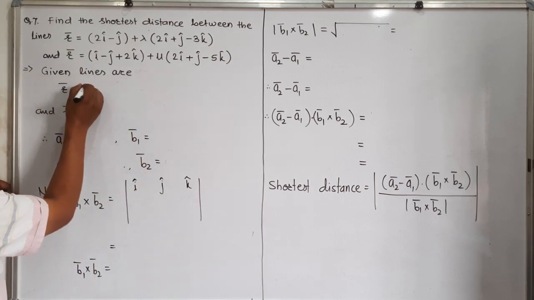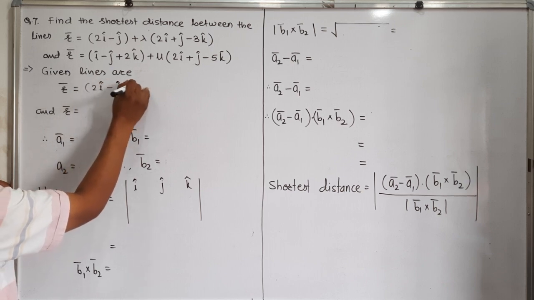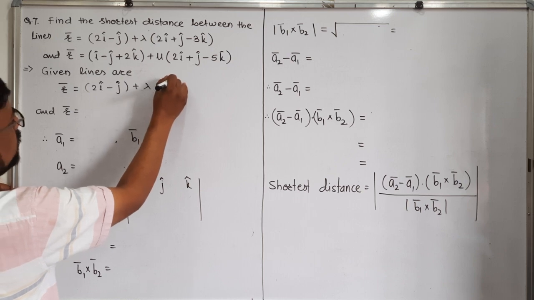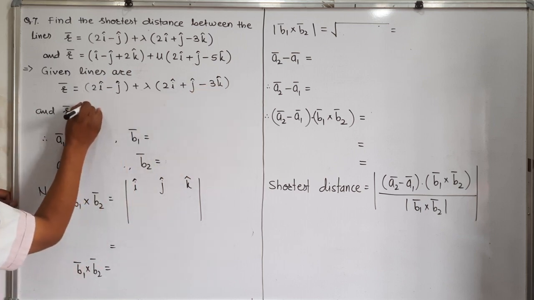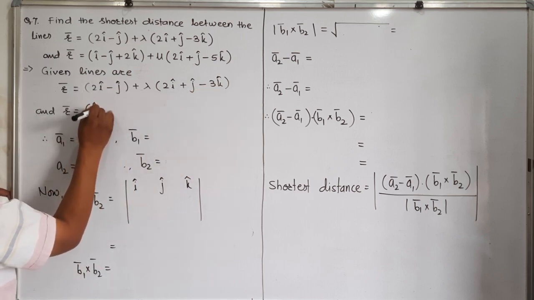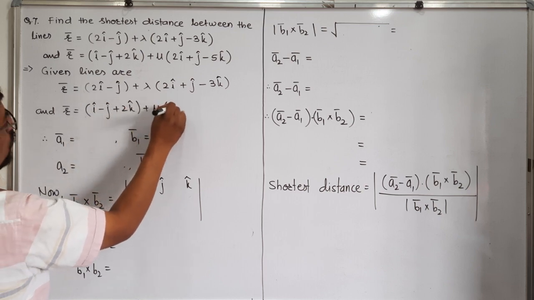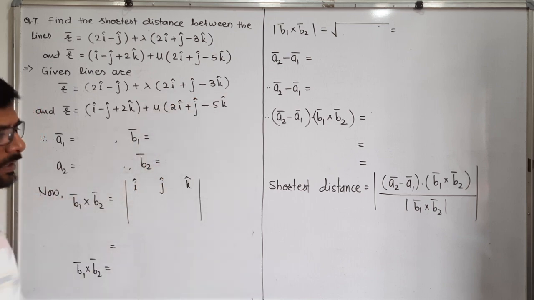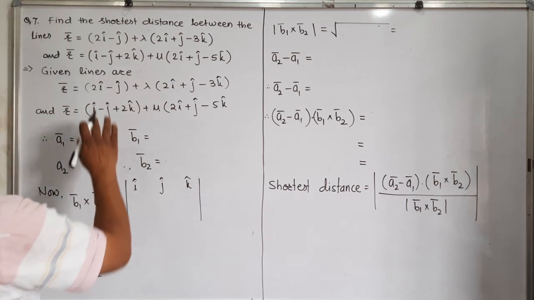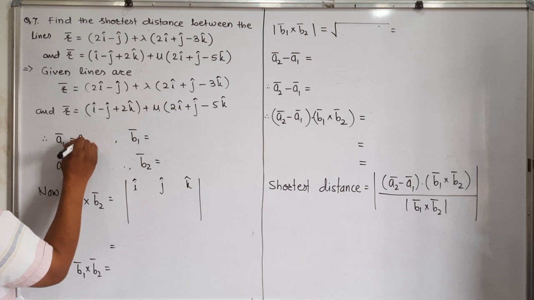Now we'll write the equations of the lines. Given lines are 2i cap minus j cap plus lambda into 2i cap plus j cap minus 3k cap, and here it is i cap minus j cap plus 2k cap plus mu into 2i cap plus j cap minus 5k cap. Now from the given equation of line, first of all we will write a1 vector, that is the position vector of point a1, that is 2i minus j.